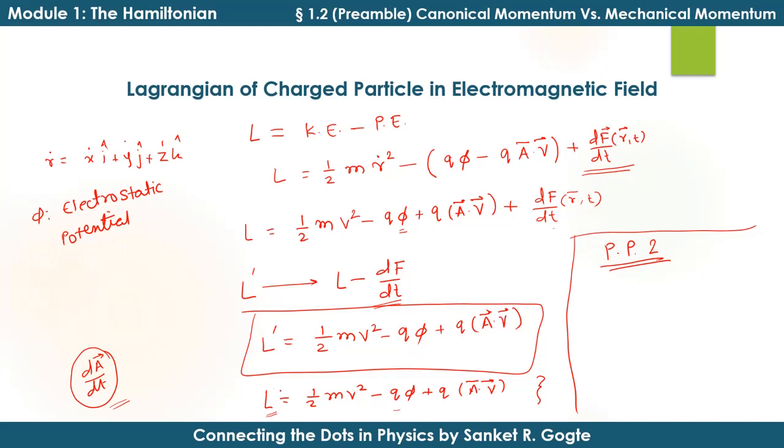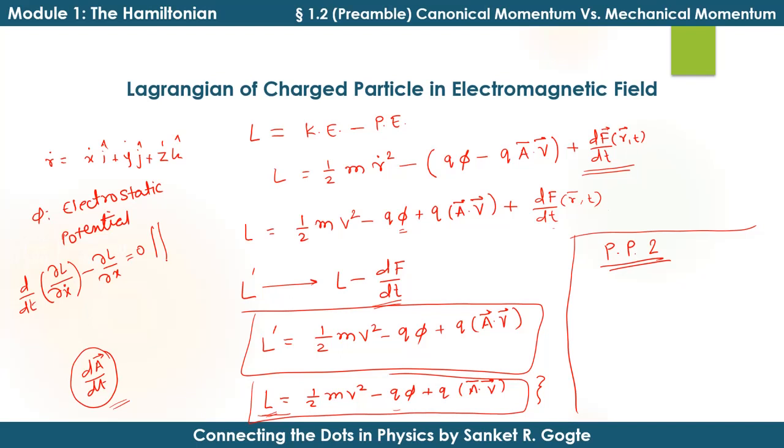You can use this Lagrangian which we have derived here and plug that into the equation of motion, which is going to be like this, where d by dt of dou L by dou x dot minus dou L by dou x is equal to 0. So this is the first Lagrangian equation of motion. Similarly, you will have equations for y and z.